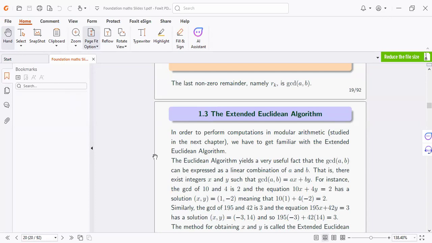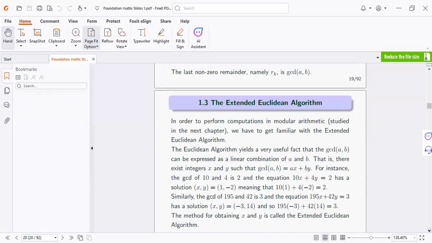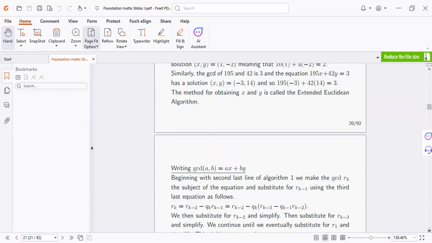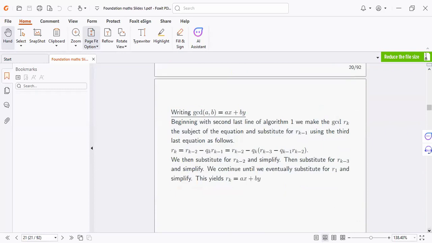In the extended Euclidean algorithm, we shall be making the GCD the subject of the formula. I just want to go through an example straight. We want to write the GCD in this format: if we had A and B, we want to find the GCD of A and B, and then write that GCD as a linear combination of A and B. And what is that process?